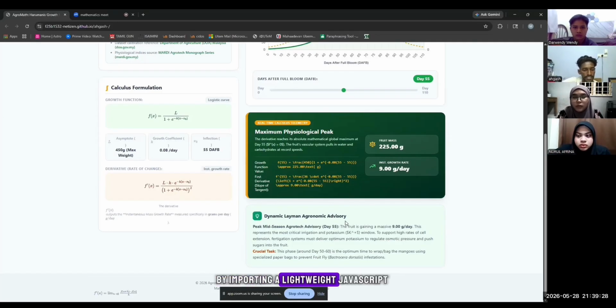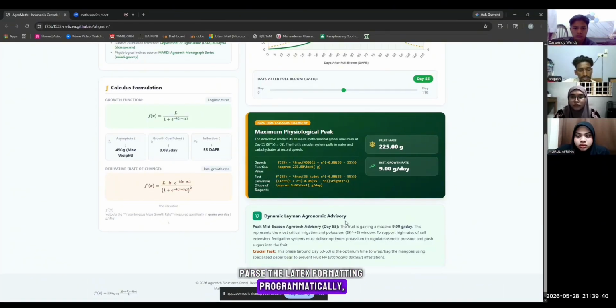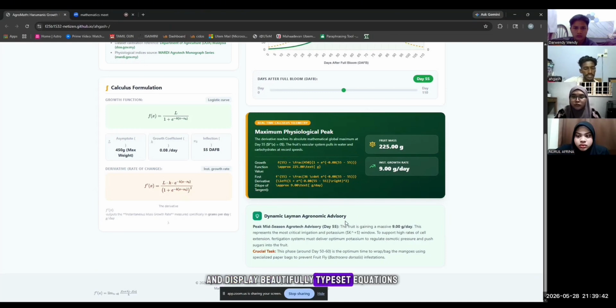By importing a lightweight JavaScript mathematics engine via CDN, we could dynamically interpret the variable values from our slider, trace the LaTeX formatting programmatically, and display beautiful typeset equations in the real-time card without slowing down the DOM rendering.